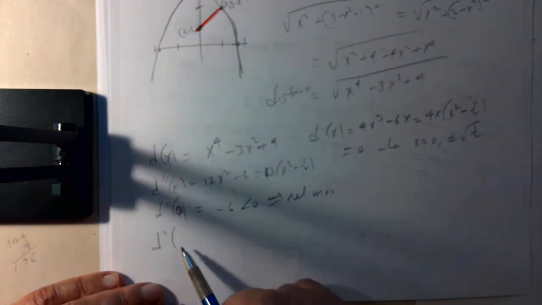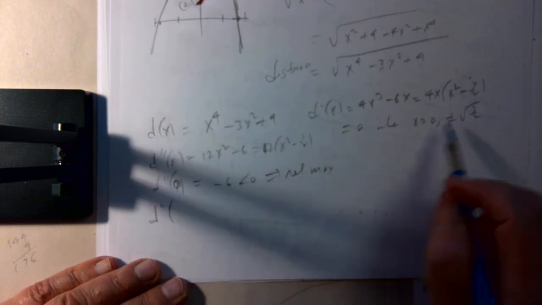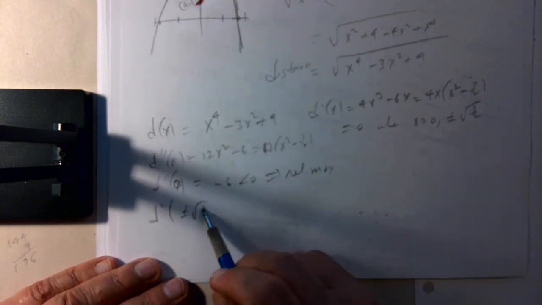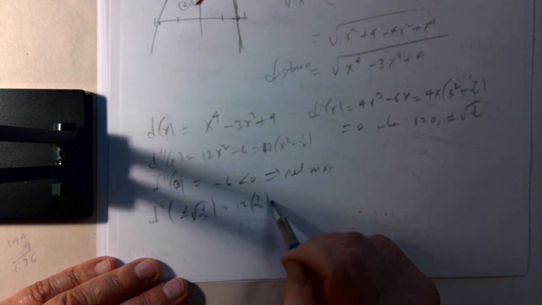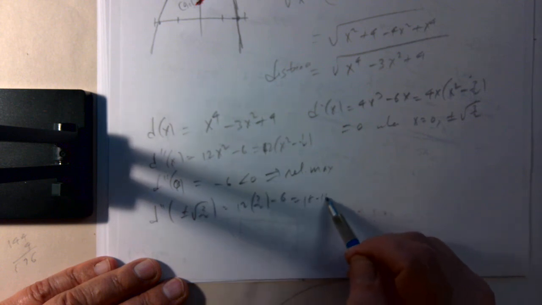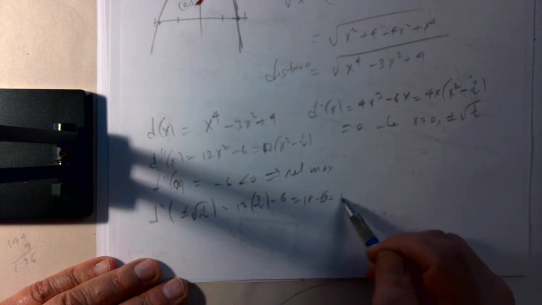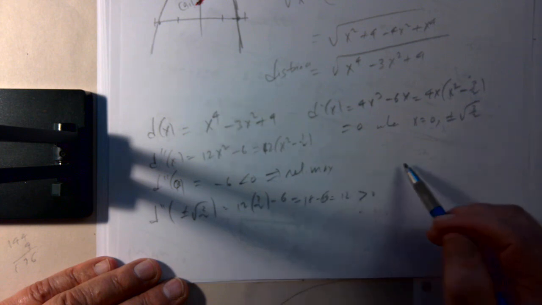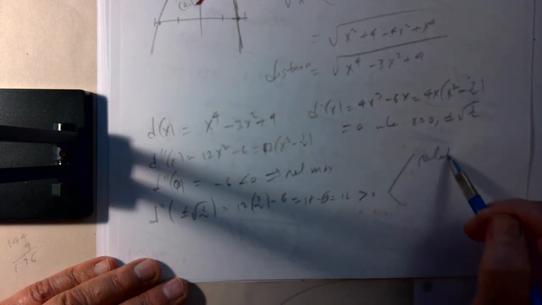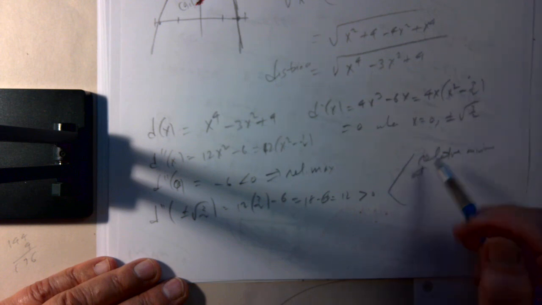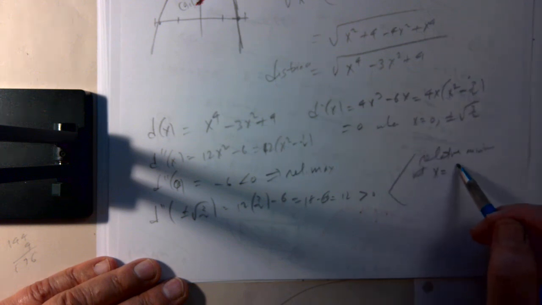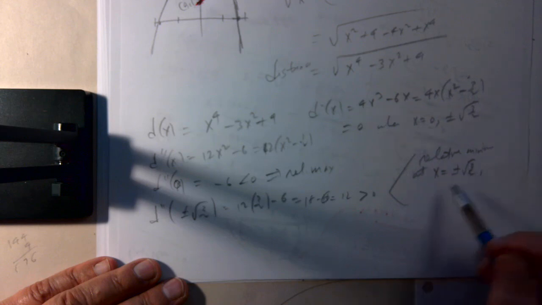When you evaluate the second derivative at plus or minus root 3/2, you get 12 times 3/2 minus 6, which is 18 minus 6 is 12, which is positive. So you have relative minima at x equal plus or minus root 3/2.